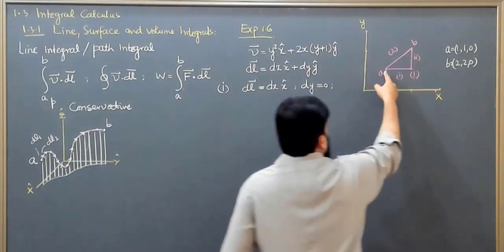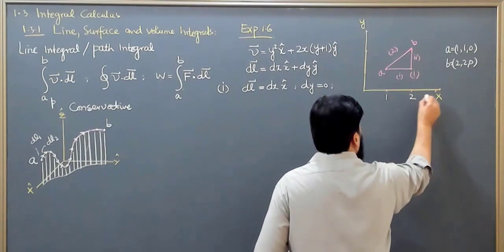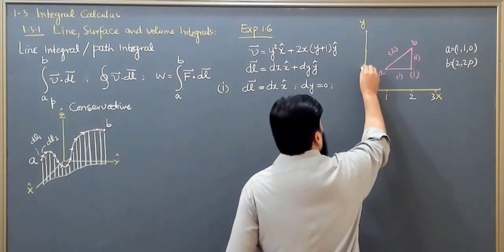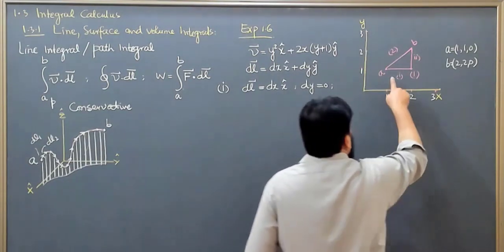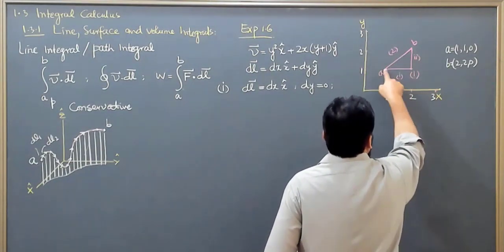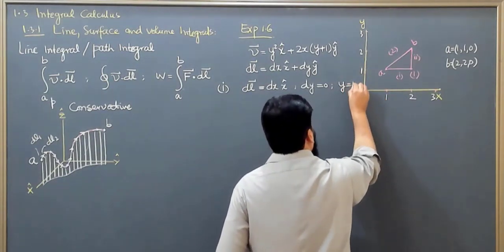And when it is running, let me write 1 and 2 here and 3 here, similarly 1, 2 and 3 here. So when it's running along x, the y value is equal to 1, so y is 1 here.